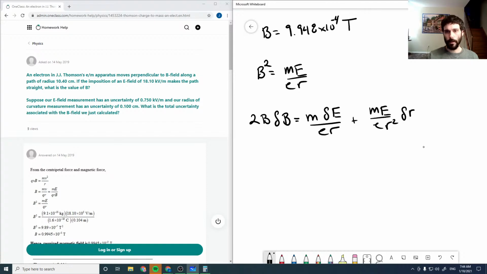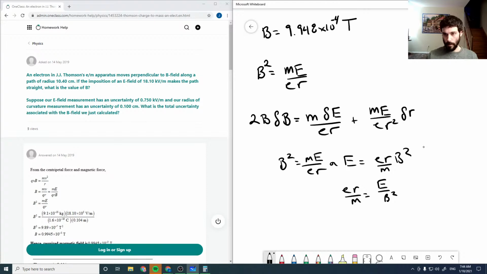But B squared is ME over ER, or E is, how to write this, ER B squared over M, or ER over M is E over B squared. So we can put that in there, and in fact we can also use that over here.